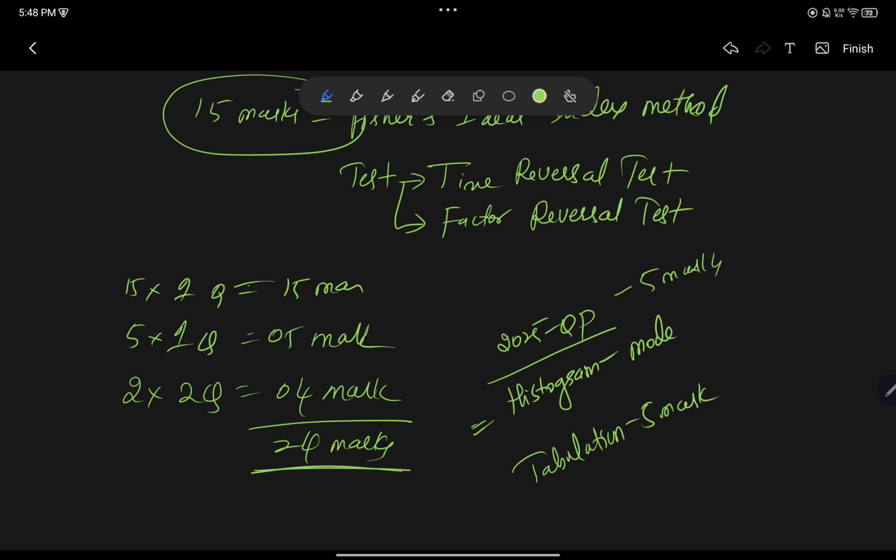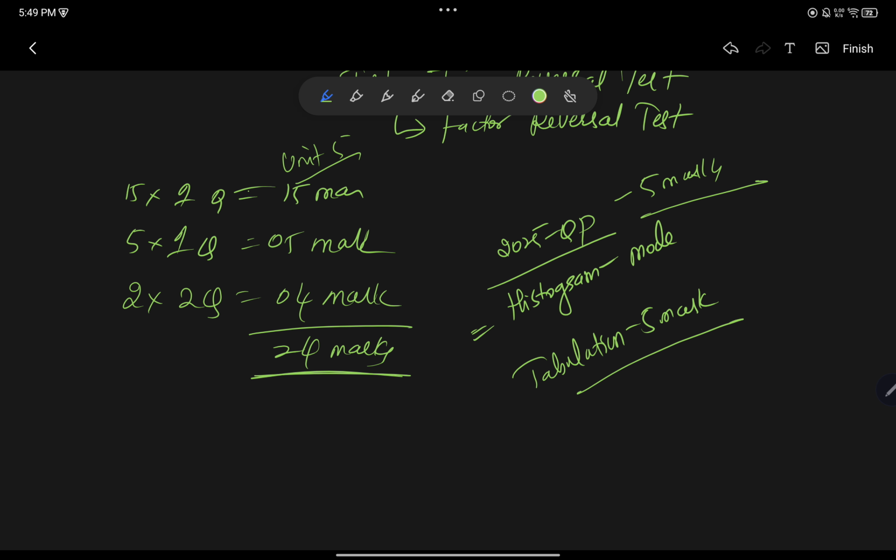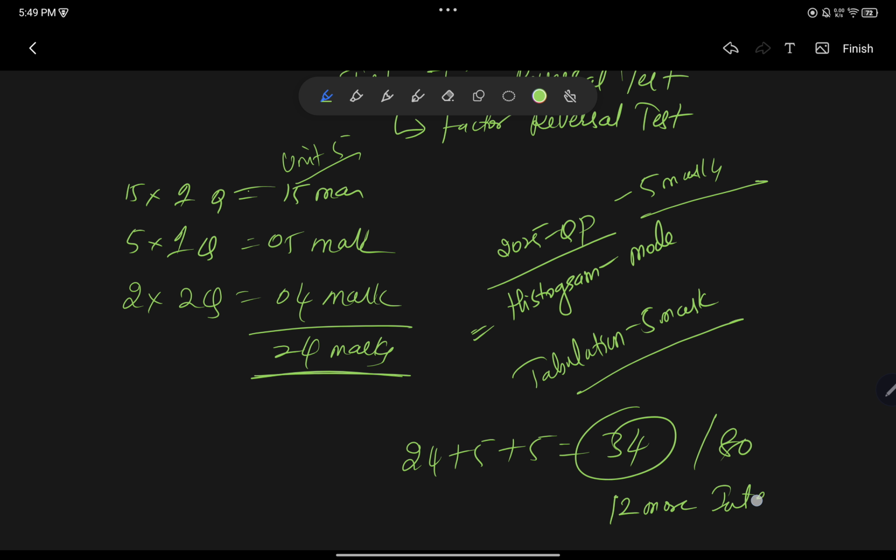Then just by learning unit 5, one skill development question and a tabulation problem, you can pass this subject. 24 plus 10 is 34 marks, which is sufficient out of 80 if you have scored more than 12 marks in your internals. 34 is enough to pass the subject.